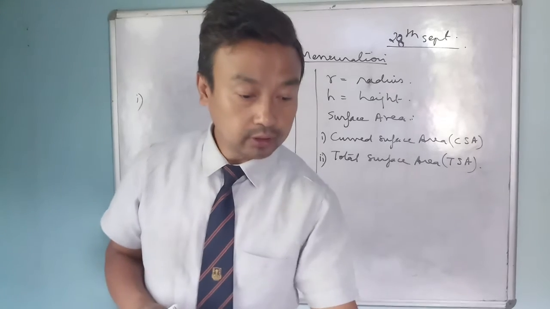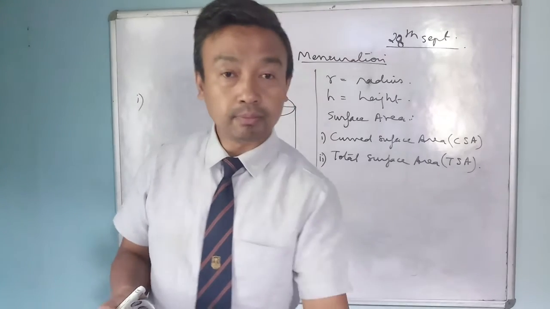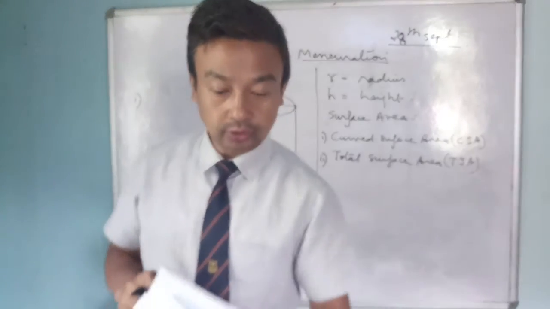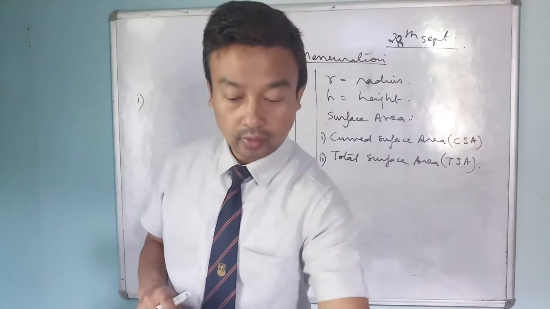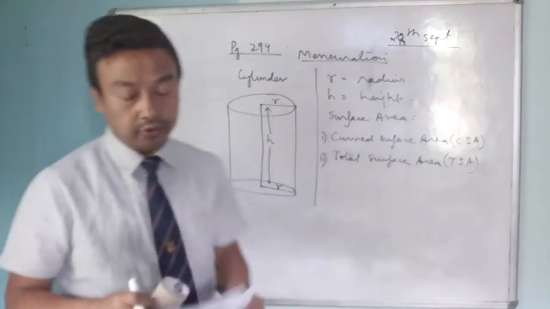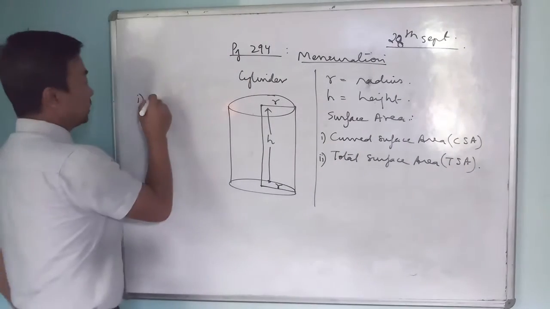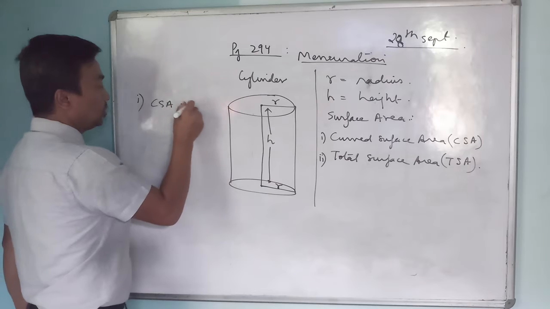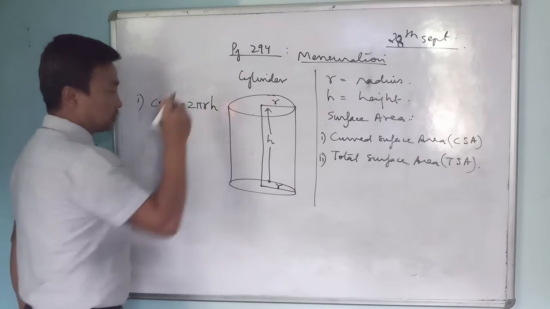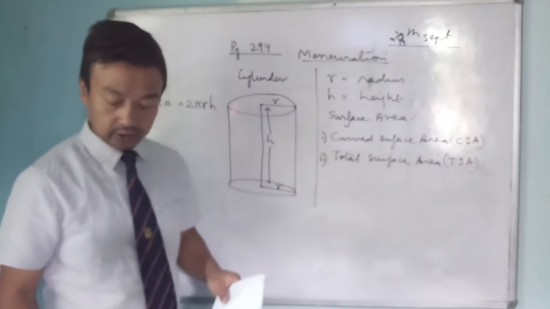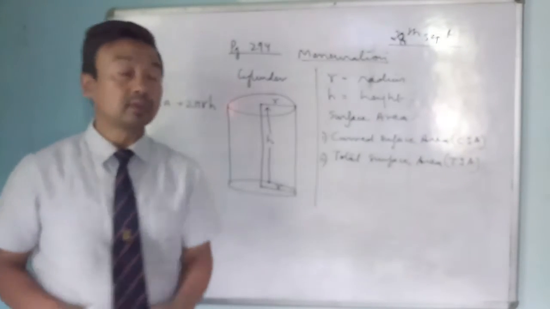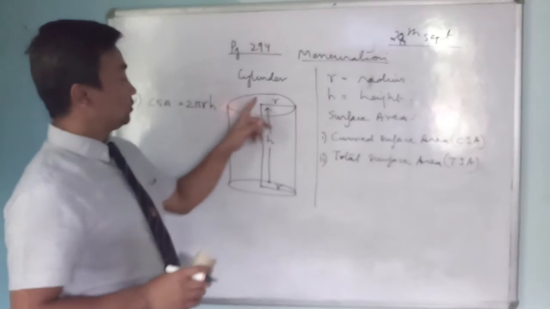It is quite simple. The curved surface area is 2 pi RH. Yes, 2 pi RH is the curved surface area. All of you know that pi is a constant whose value is given to you as 22 by 7. R is the radius.